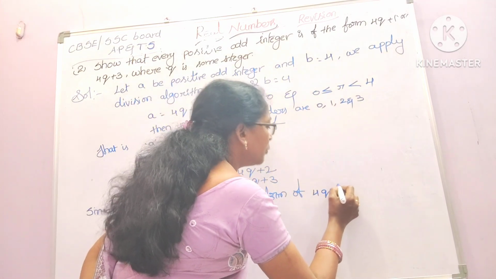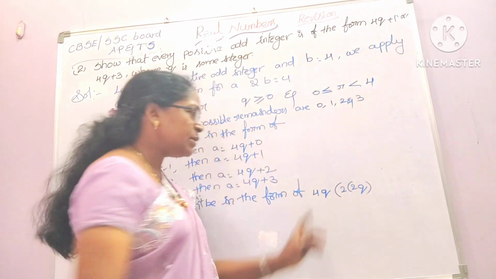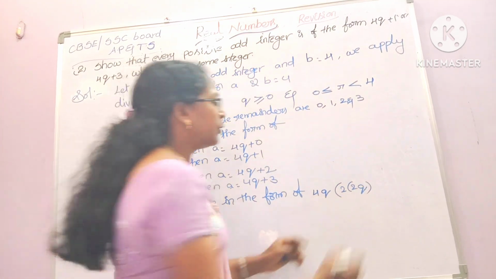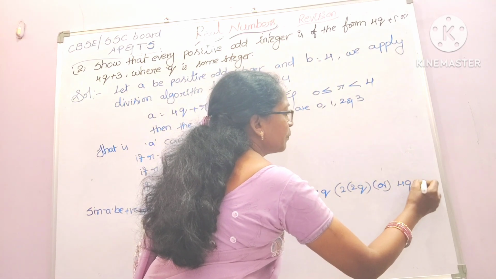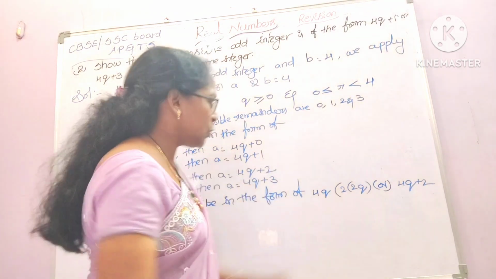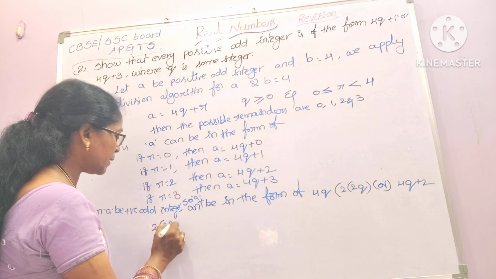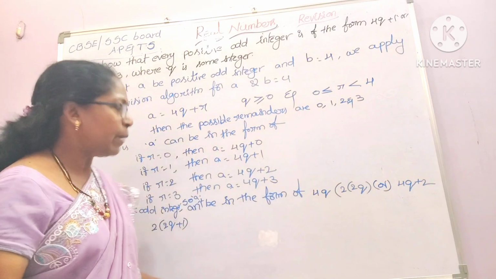Because 4q can be written as 2 into 2q; 4 is a multiple of 2. Also A cannot be in the form of 4q plus 2. Why? Because in both terms, 2 can be taken as common: 2 into (2q plus 1), so this term is also divisible by 2.